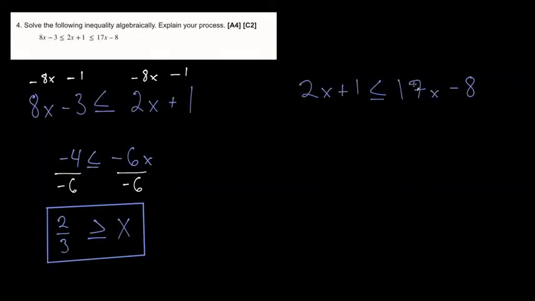Our objective here is to get x's to the center in some way. So we want to get x's over to the left side this time, and our constants over to the right side. So in order to accomplish that, subtract both sides by 17x. And then we could subtract 1 from both sides as well.